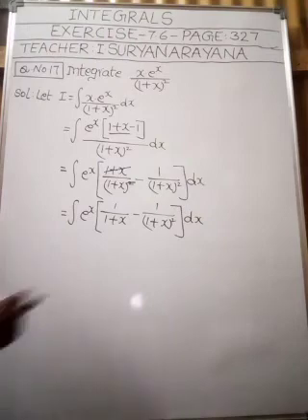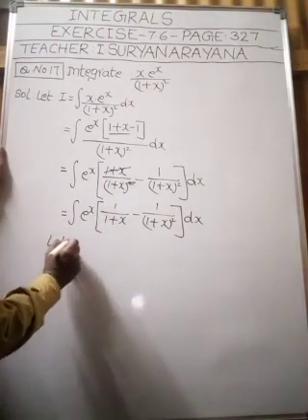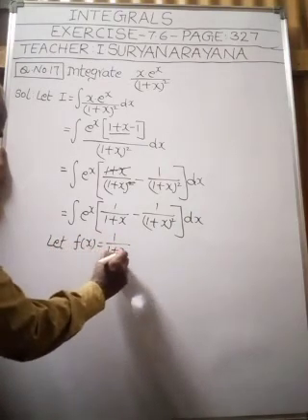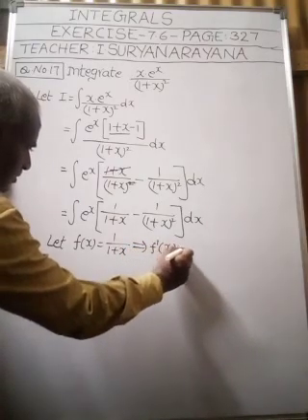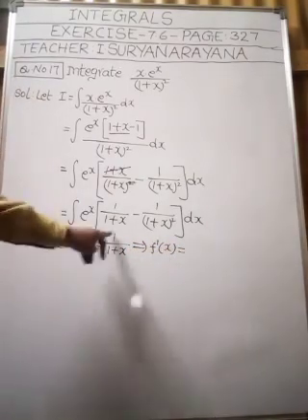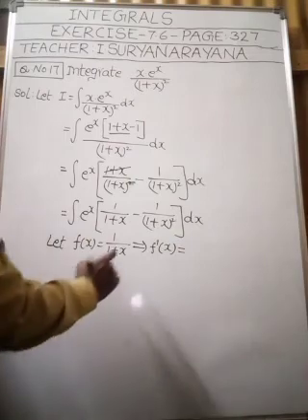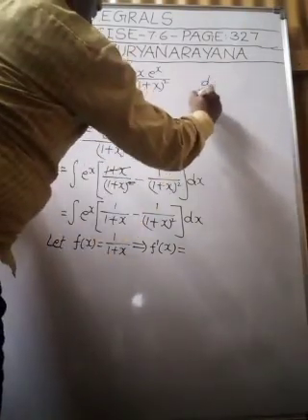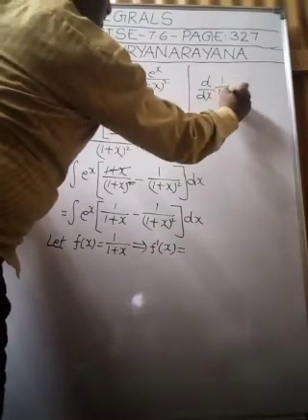Right. Now let us assume that 1 by (1 plus x) is equal to f of x. Let f of x is equal to 1 by (1 plus x). Then f dash of x is equal to, let us find the derivative of this function, d by dx of 1 by (1 plus x).